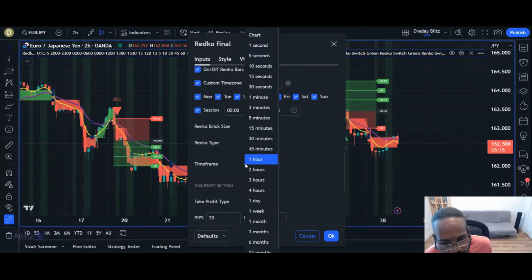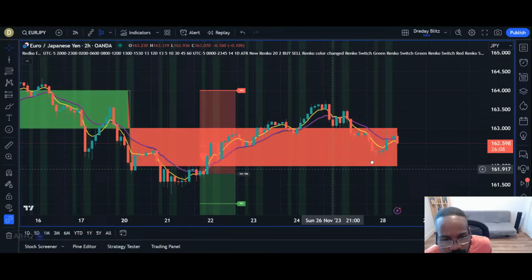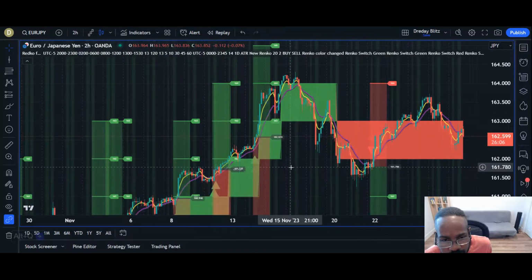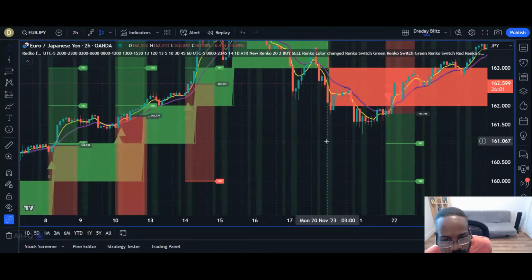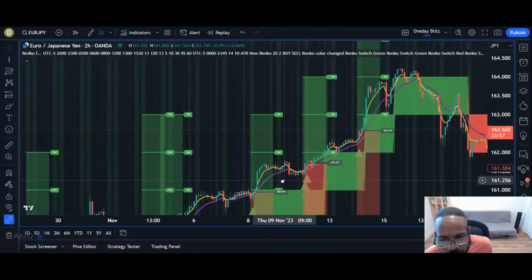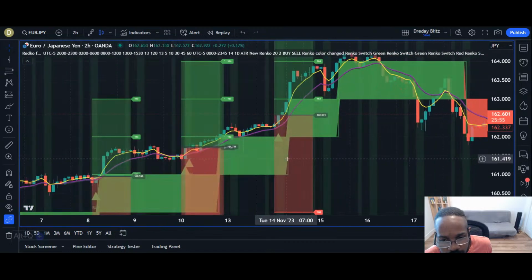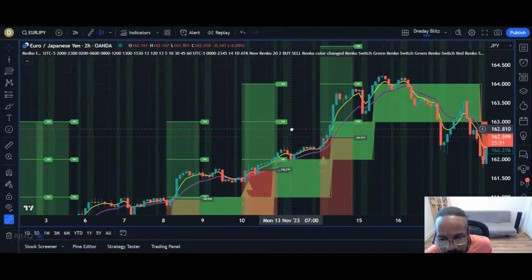So if I'm trading off of the 2 hour chart, you have to put the daily Renko bar. And this is the daily Renko bar. So if you're trading the 2 hour time frame, but you're trading off of the daily Renko bar, that means that your move will be higher and higher.